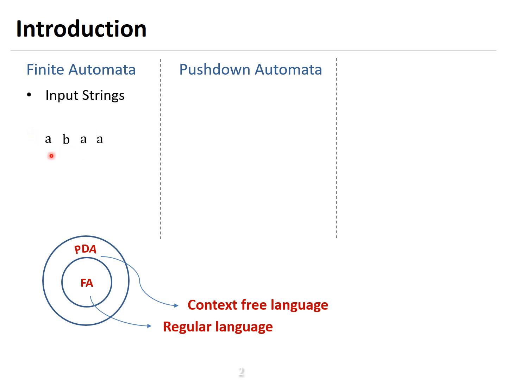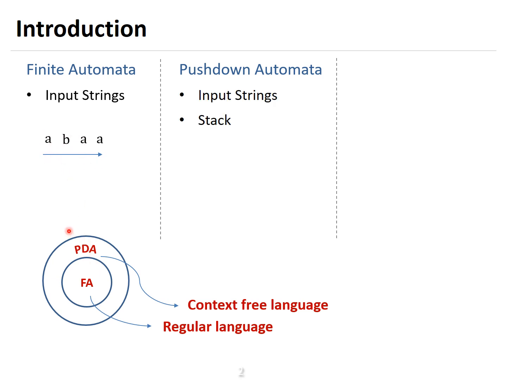In this example, I have taken the input like this. You can read it from left to right. It can accept only a finite number of strings, which means it has finite memory. So it is a tiny memory. It says accepted or not accepted immediately.